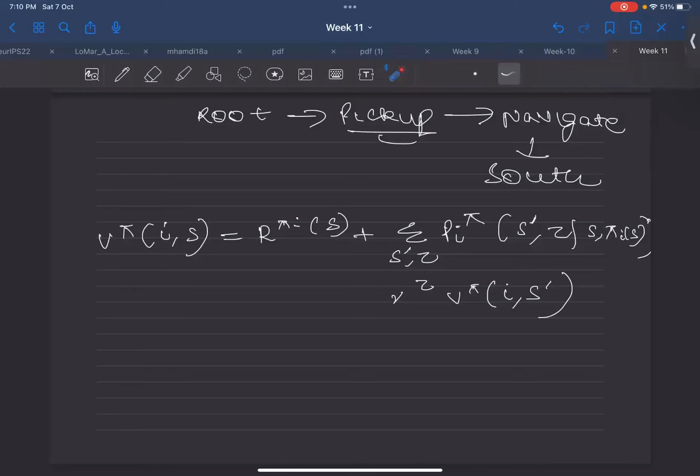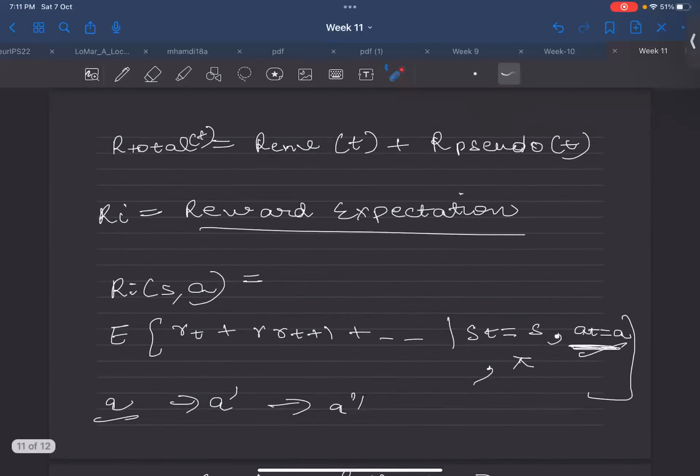Can you explain the whole thing? The first part is the immediate reward, like in the Bellman equation, plus a full backup. That is what we have done many times earlier, and this is how we do it here. Now coming to the projected value function.